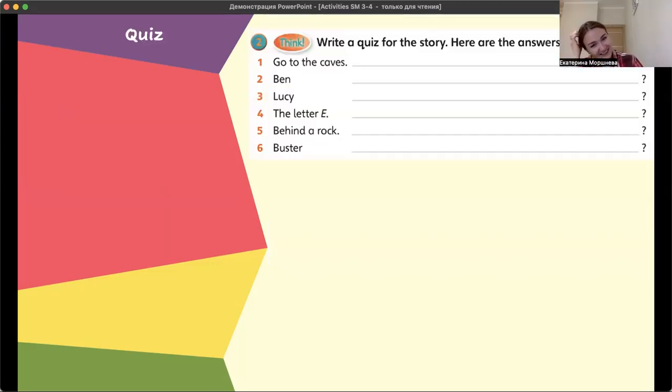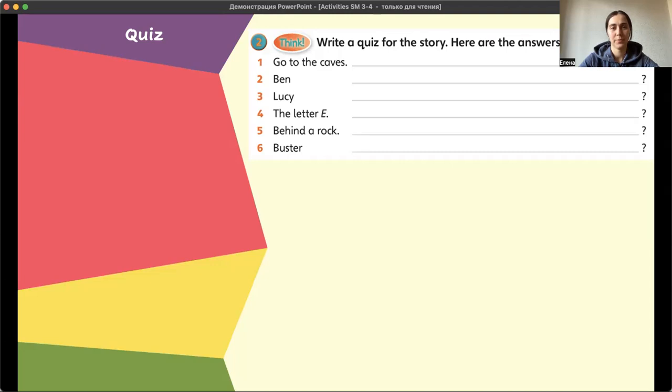So the next task is about questions after the story, like a quiz. Here we have answers and students are supposed to write questions. Also a very difficult task.